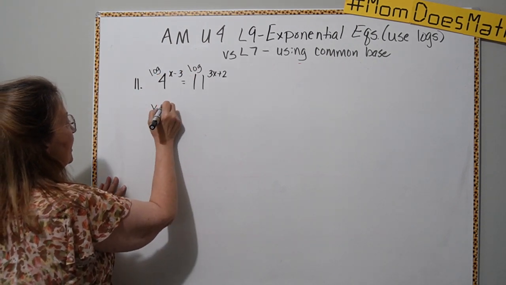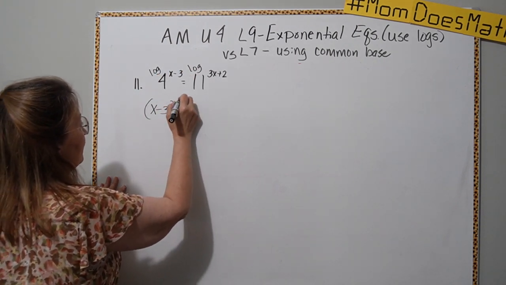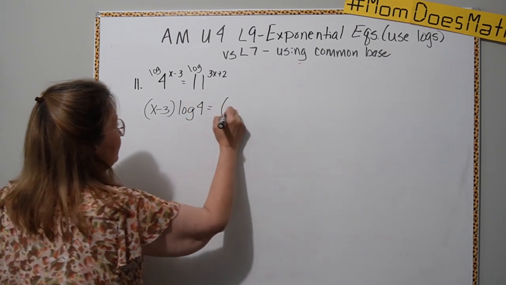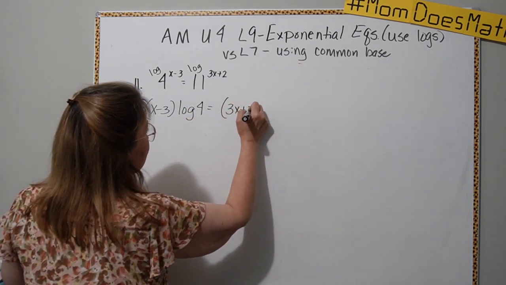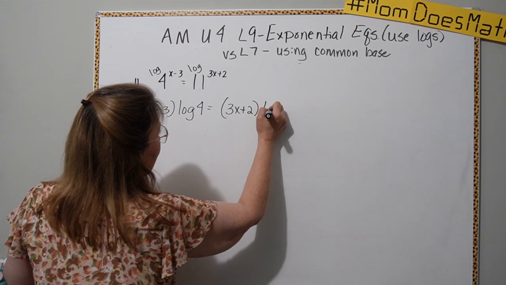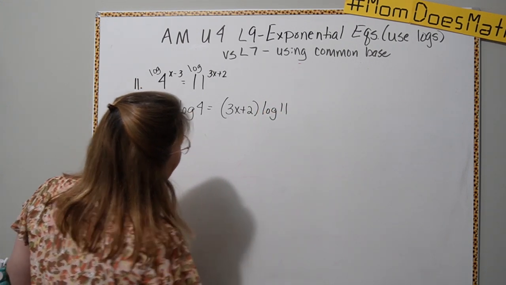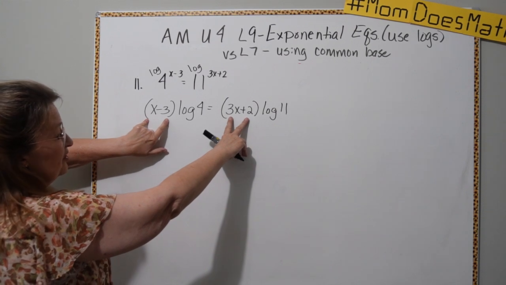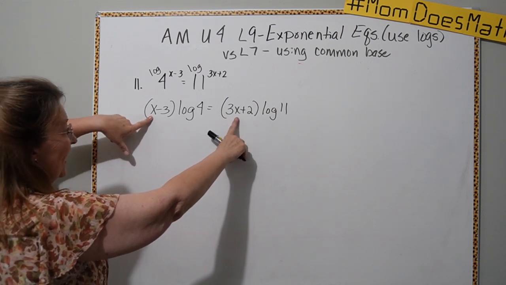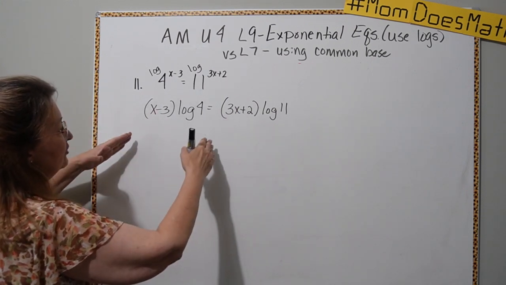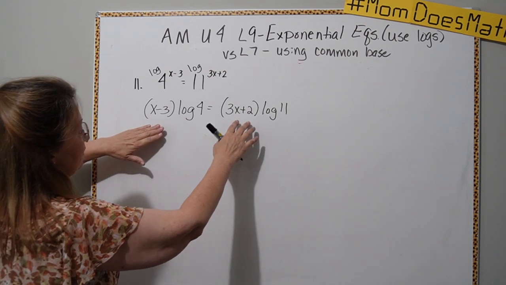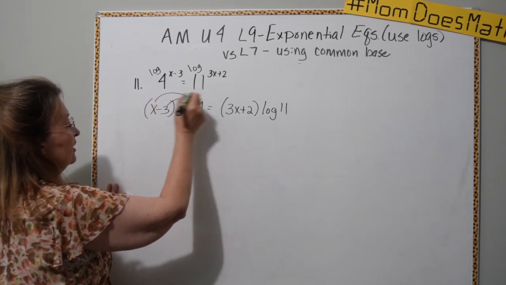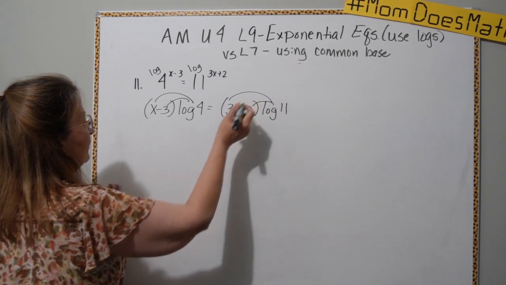So now I'm going to have x minus 3 times log 4 here equals 3x plus 2 log 11 there. Now I realize that since I have binomials on each side and I need that x out of there, well, first I'm going to have to distribute. That's going to let me get rid of the parentheses. So I'm going to distribute a log 4 into here and log 11 into here.